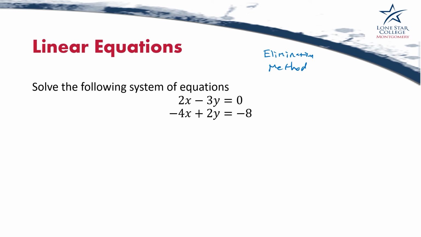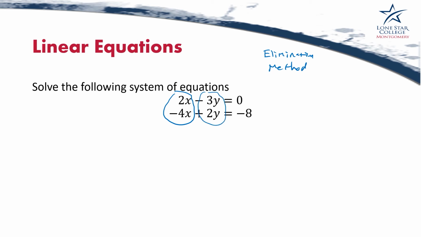So for this one, it all depends on which one you want to get rid of. It's always set up in a way where one variable is easier to get rid of than the other. So when we want to eliminate, we're basically going to add them together to get rid of it. If we look at our x's, we have 2x and negative 4x, and negative 3y and 2y.